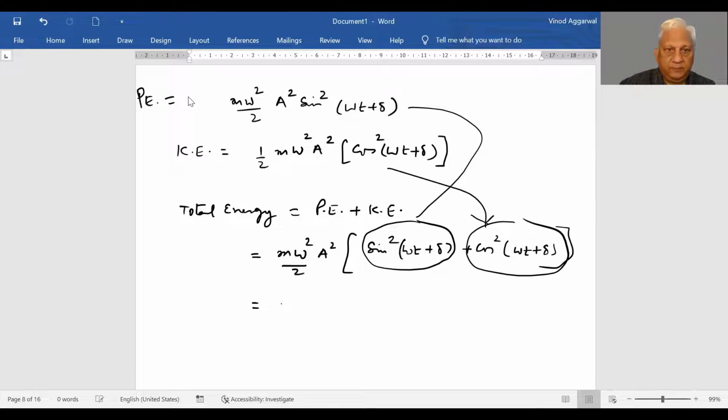So this becomes the total energy during SHM, equal to so much.